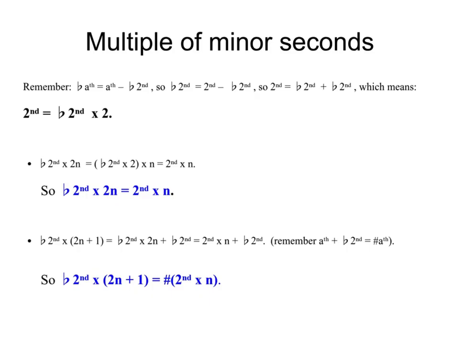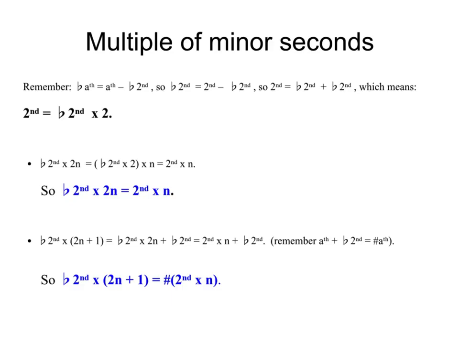It's something everybody knows. So the minor second times 2n, n is some number, any number, is equal to the minor second times 2 times n, and the minor second times 2. Remember, 2 minor seconds make a major second, so we get that the minor second times 2n is equal to the major second times n.